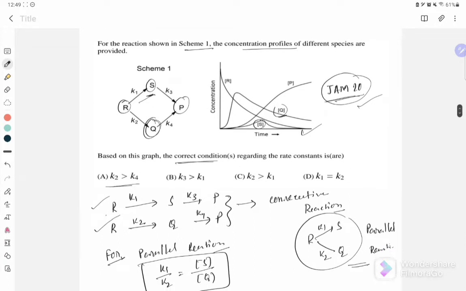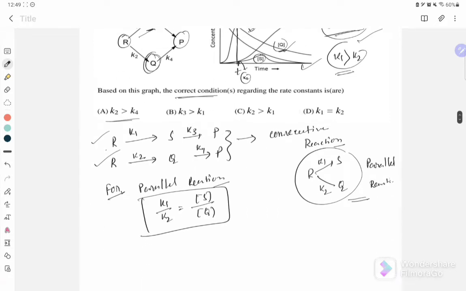So at time t, I am considering this is a time t, at time t this is the concentration of Q that corresponds to K1 rate constant, and this is the concentration of S that corresponds to K2. So K1 is greater than K2. So it's not equal, because at time t the concentration of Q is greater than the concentration of S. So K1 is always greater than K2.